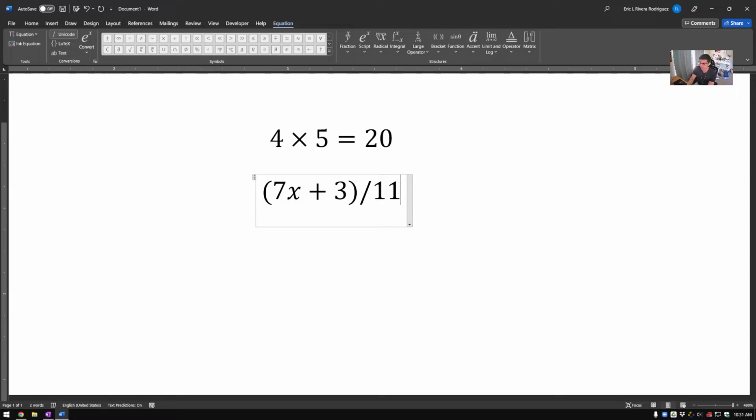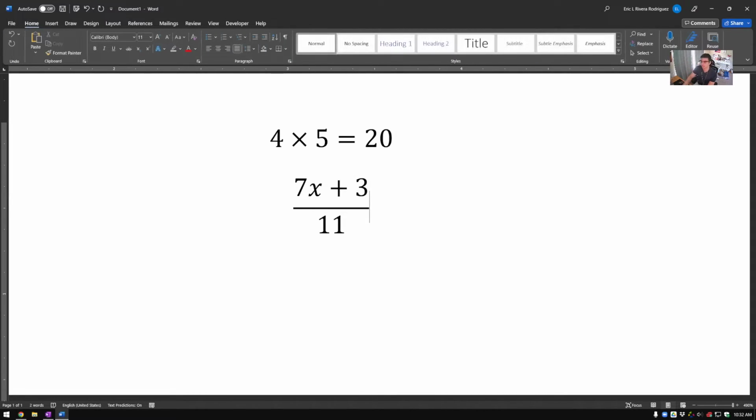So this is a fraction, right? Because I'm writing inside an equation box, when I go outside the range of what I was typing, it converts my writing into math writing.